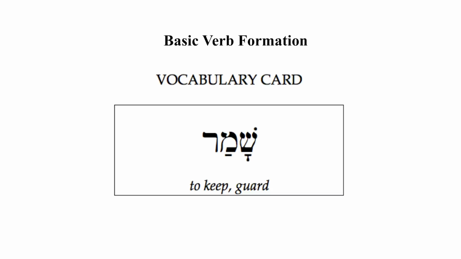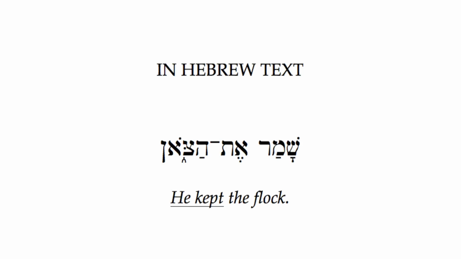We give it a generic definition so that you can use that as a memory device for memorizing the basic meaning of the word. So in context, you could have a sentence like this: Shamar et Hatzon. He kept the flock.